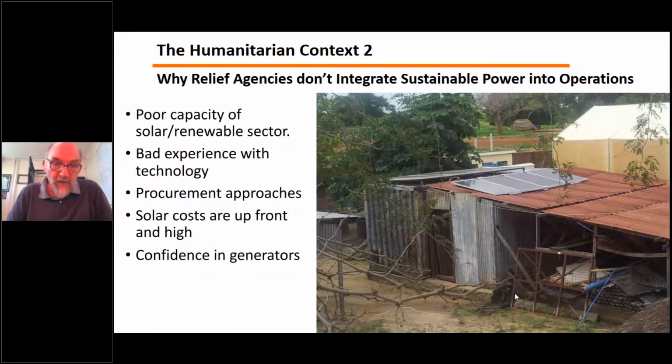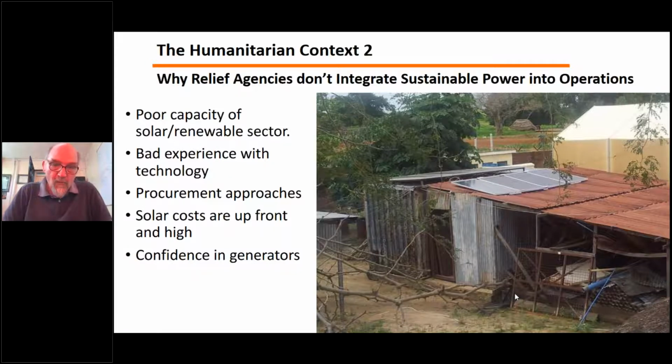And then solar costs are high. You're paying for 30 years of electricity or 20 years of electricity up front, and a lot of agencies are running year to year on budgets, so they can't put aside the 5-year costs for a solar system. They only have their budget allotments, which are really pretty much made to fuel gensets, and gensets are cheaper because you're not paying for the fuel.